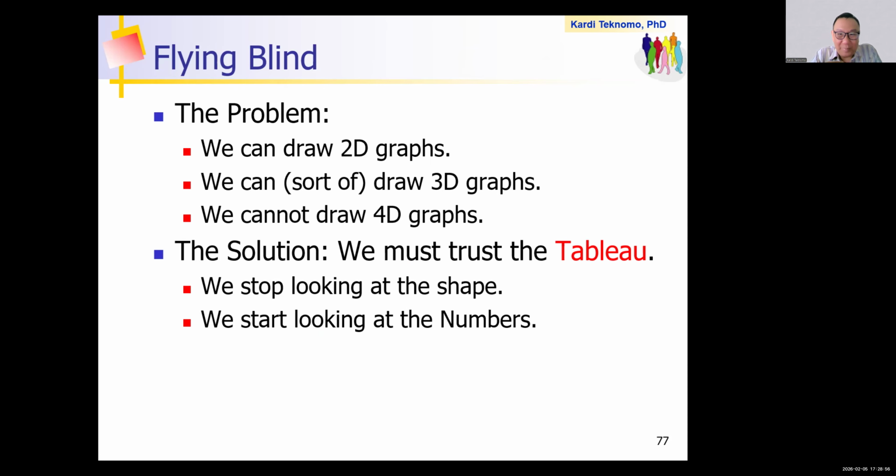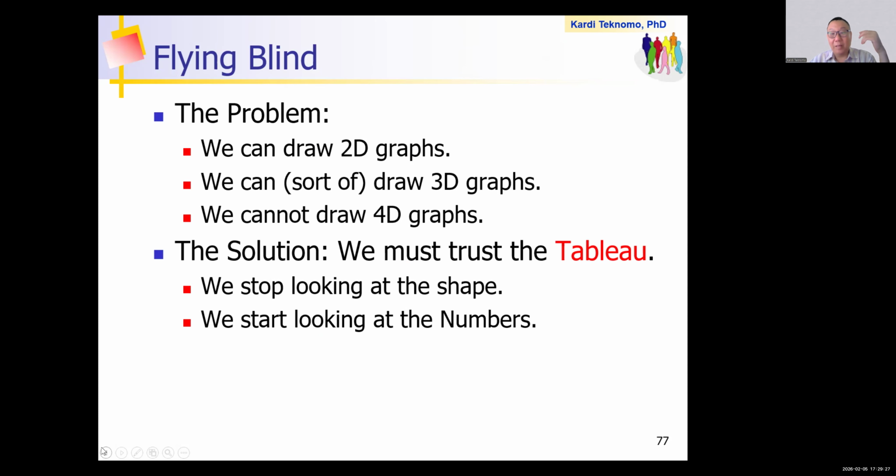So what to do? We trust the numerical output of the calculator. That is the last part there in the calculator, the table. So you just need to stop looking at the shape of the graph. Now you need to go into the numbers. We may lose the visual intuition.